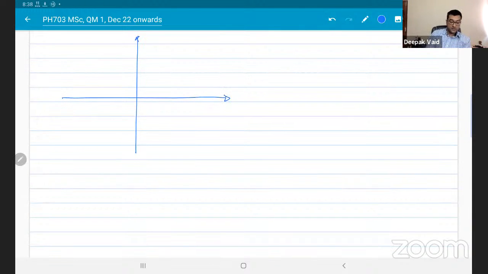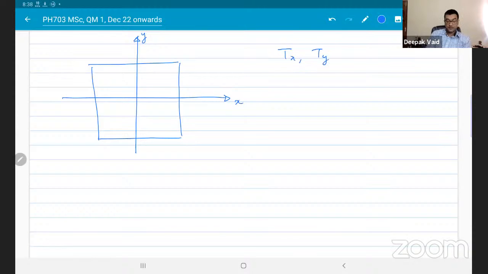Other than reflection along x and y, what other symmetries can I have of an object like this? Any suggestions? So I have two symmetries, Tx and Ty. Anything else?